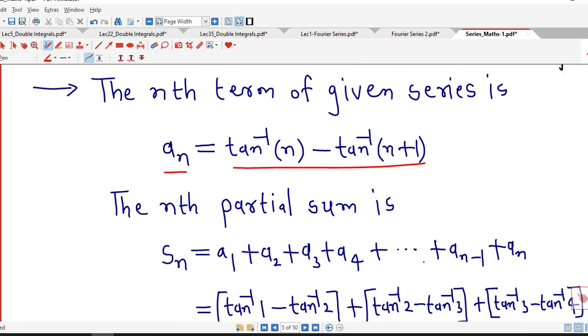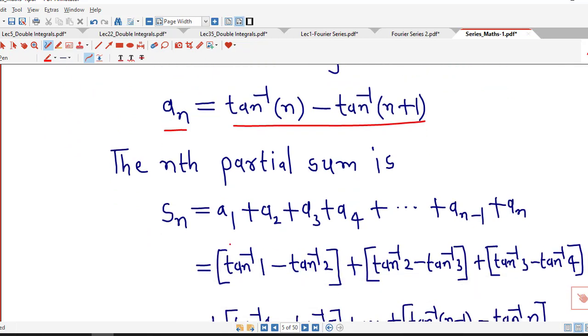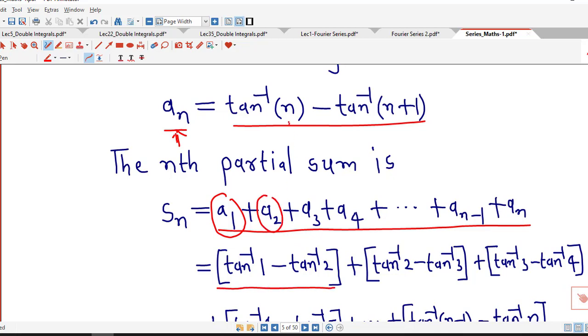Now we write down the nth partial sum, which is the sum of first n terms of the given series. So a1 will be equal to the value of this at n equal to 1, which is tan inverse 1 minus tan inverse 2. a2 is tan inverse 2 minus tan inverse 3.